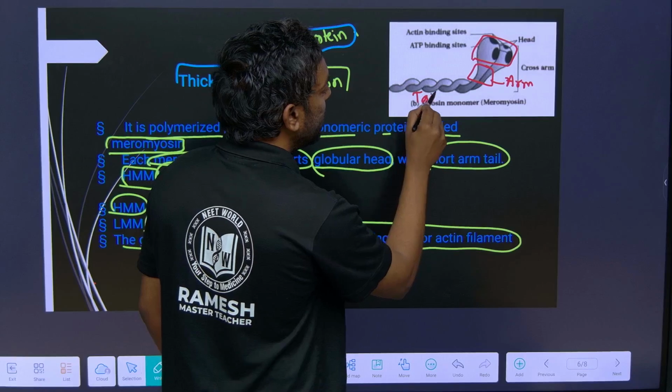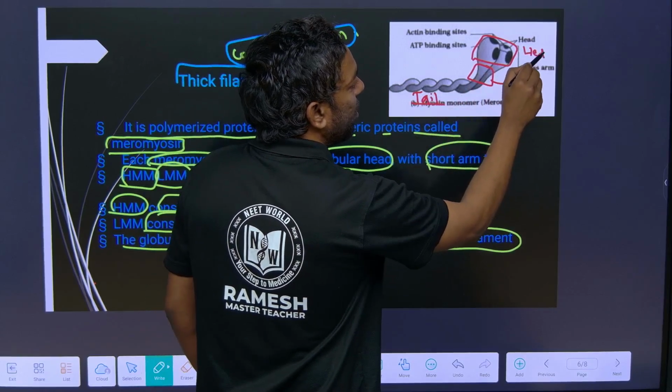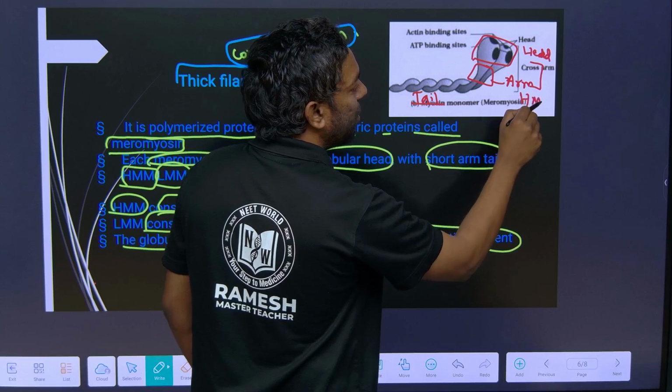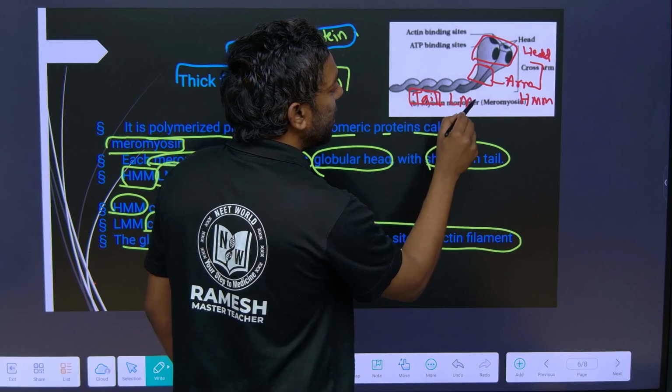The head and arm part we call heavy meromyosin, HMM. The tail part we call light meromyosin, LMM.